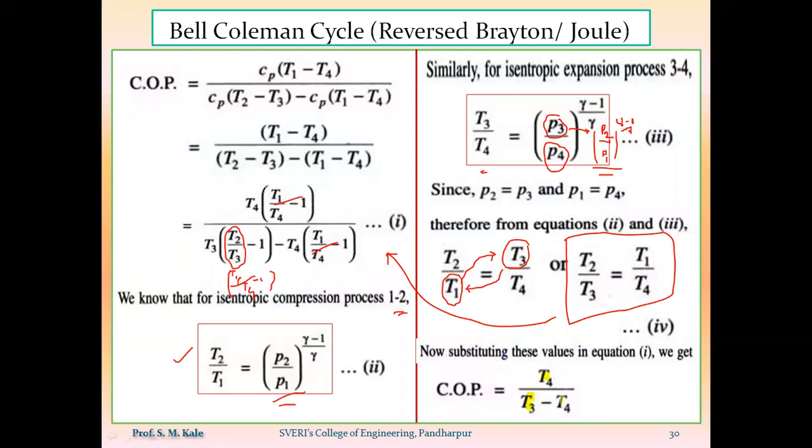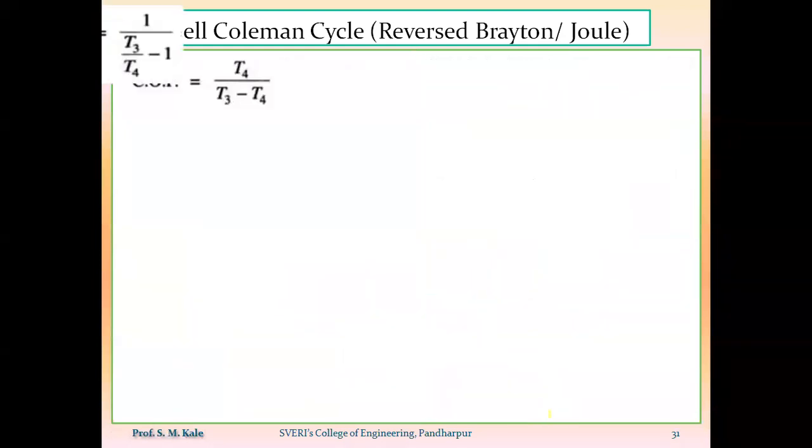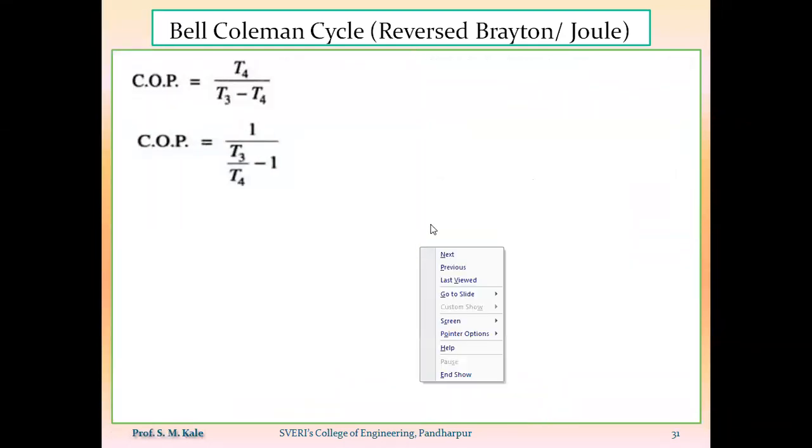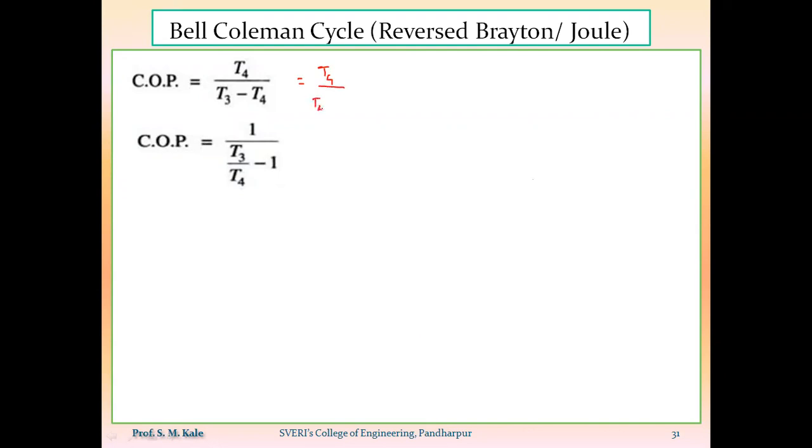Again, I have to do some modification in this equation. If I take the T4 term as common from the denominator, then inside the bracket there will be T3 by T4 minus 1.